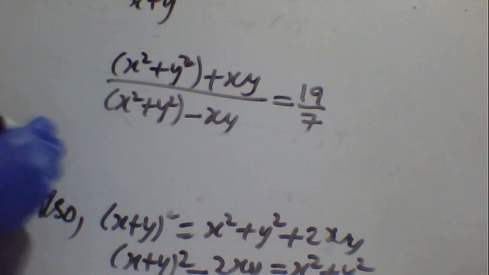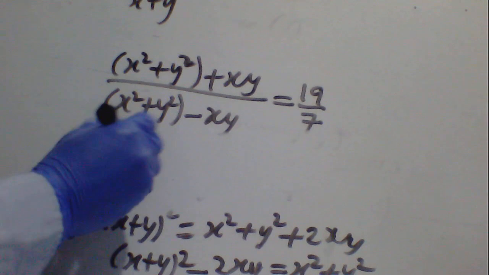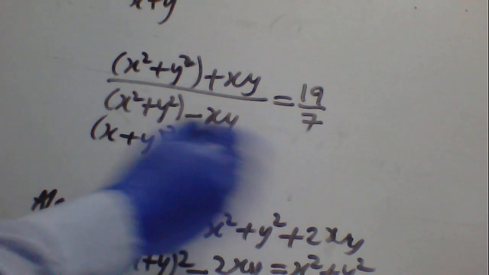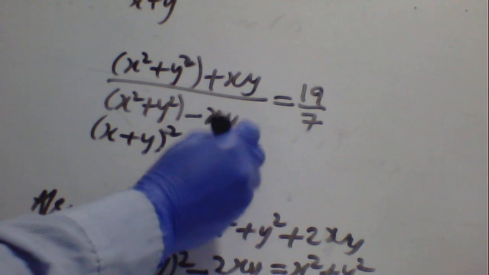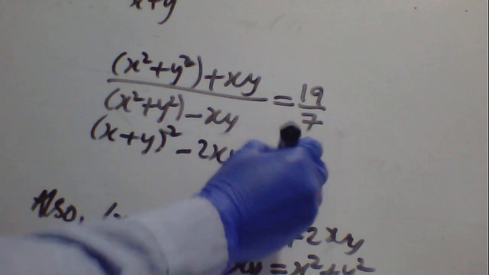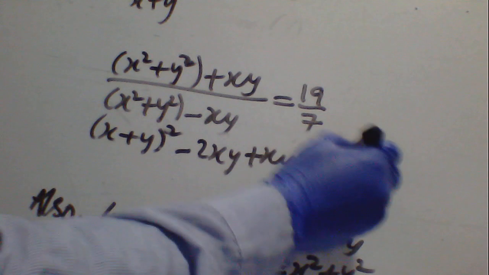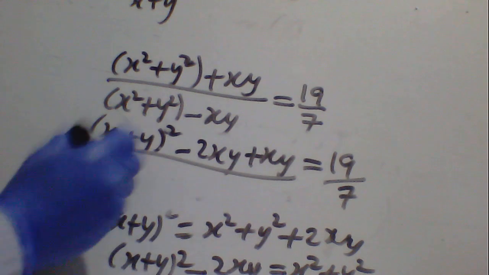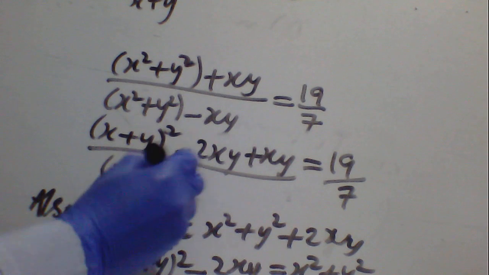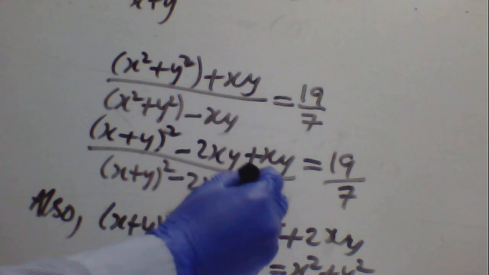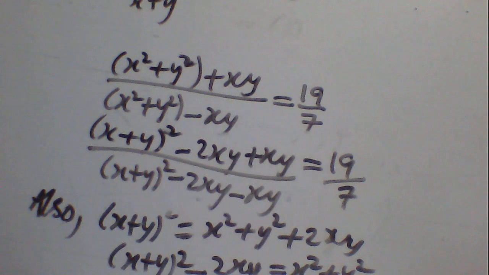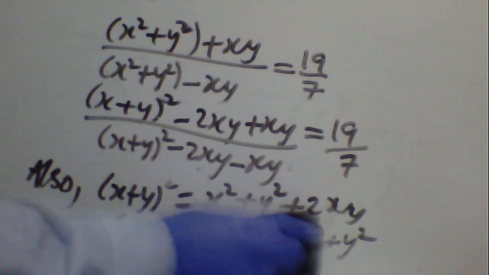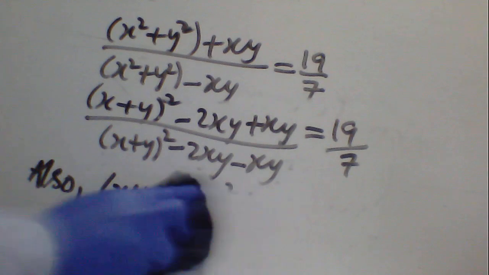So here we have ((s + y)^2 - 2sy + sy)/((s + y)^2 - 2sy - sy) = 19/7.